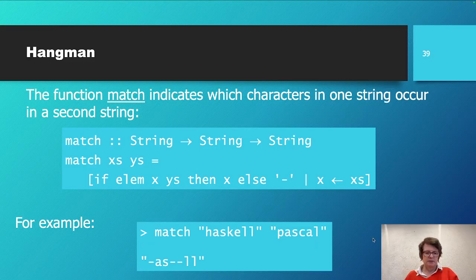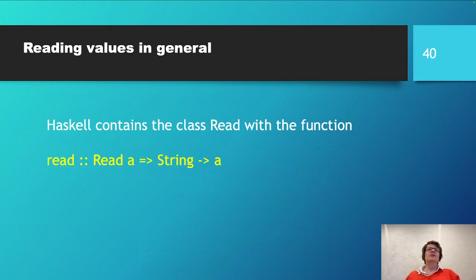And I've got now, we mentioned this last time, and it's the read function. So what read does is it takes an A. We'll go back to read in a minute.